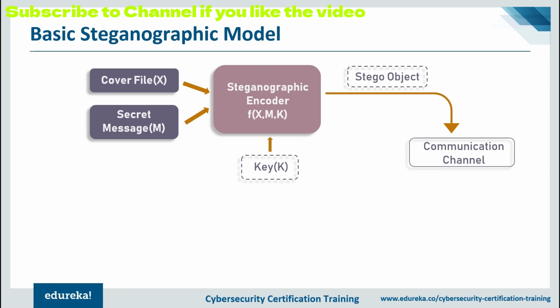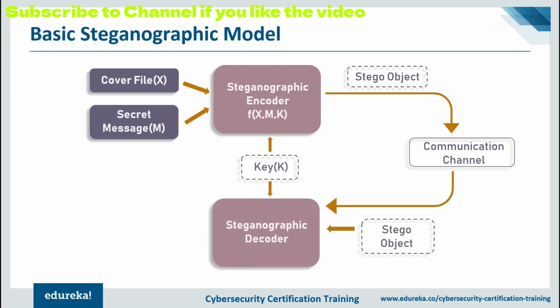So this is where our steganographic encoding process ends. Now if on the other end, receiver wants to extract the secret message, all he has to do is feed the stego object into steganographic decoder, which also takes key as one of its input, and then as a result, he gets secret message which was intended for him. So like I said, it's a very simple process, right?